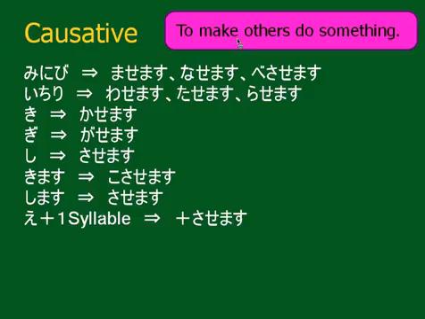So, for example, 日本語1では座ってください。Please sit を使いましたね。座ってください。Now this time, I want to make someone do something.